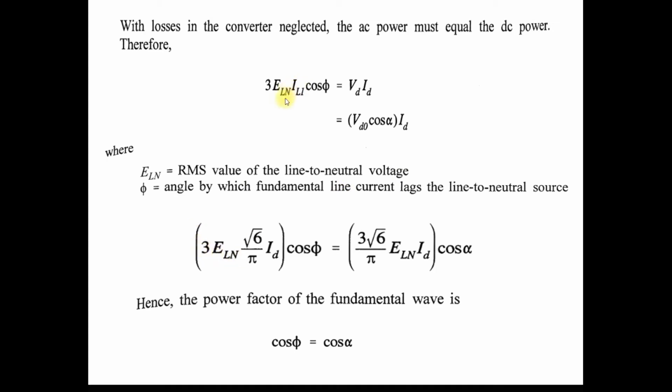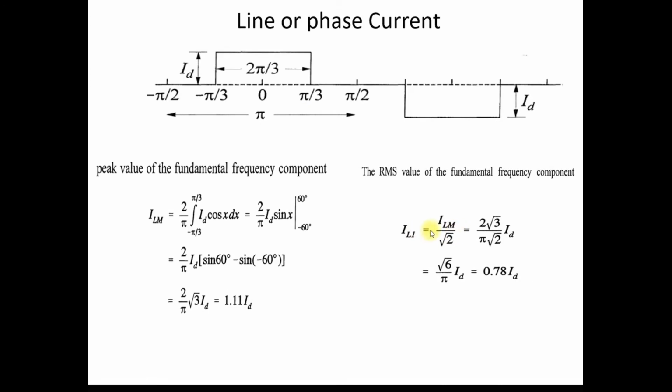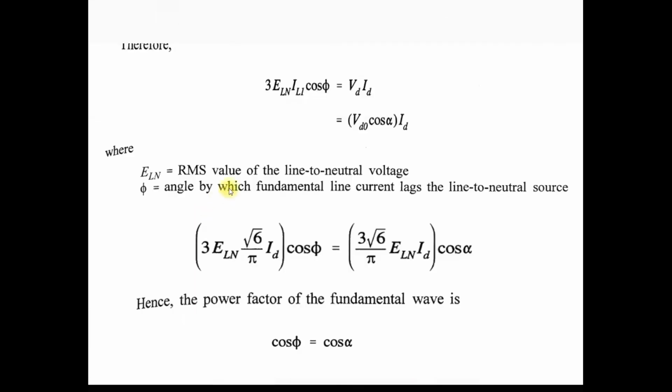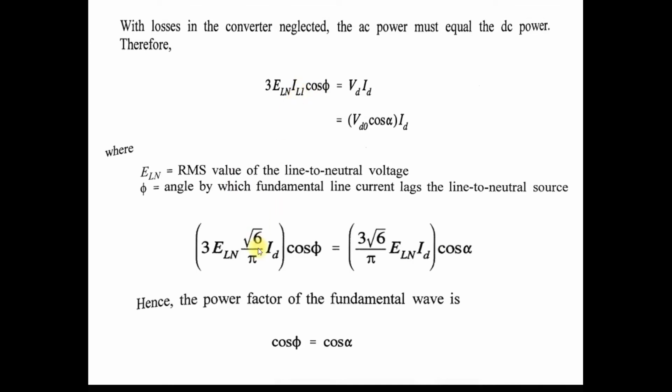So put this value here: IL1, we already derived this fundamental component's RMS value, root 6 by pi Id. So it becomes root 6 by pi Id, 3 into ELN, and cos phi is equal to Vd0, which we derived without alpha, the equation 3 root 6 by pi ELN.